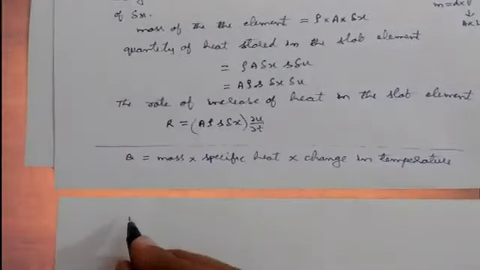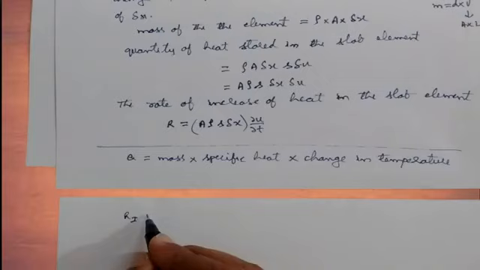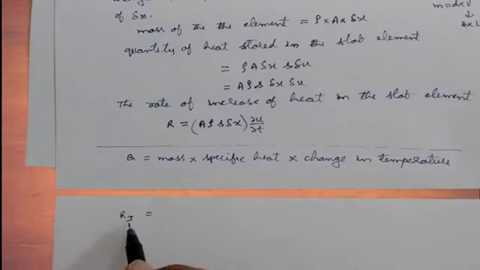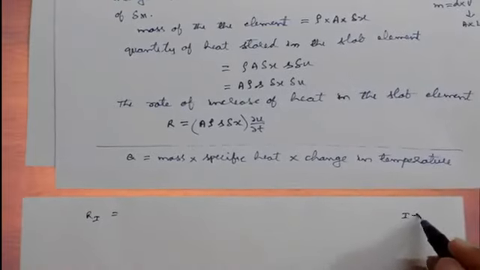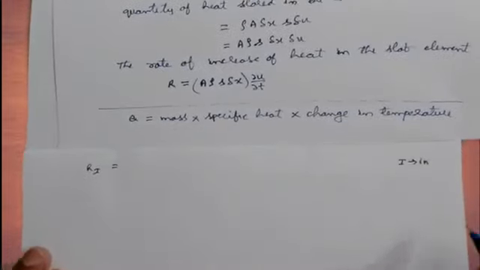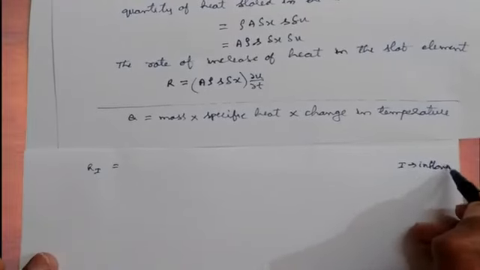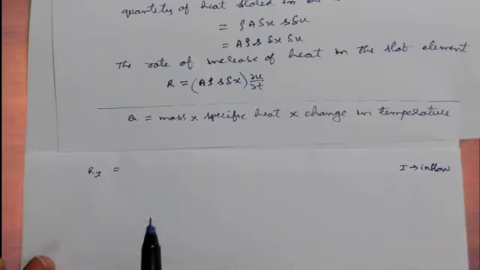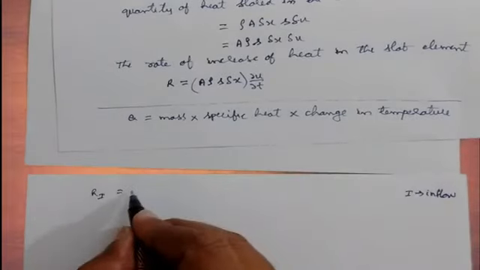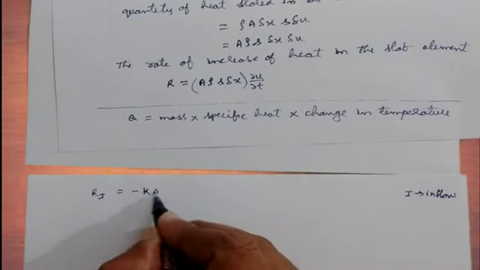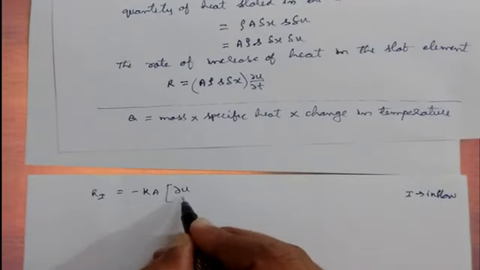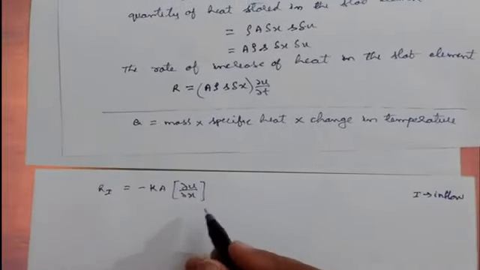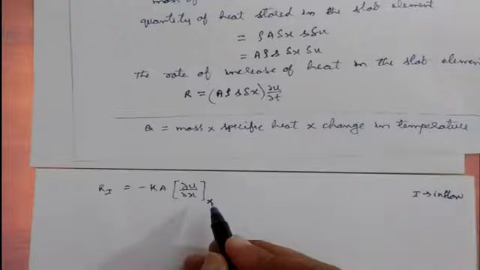If I take that as the rate of inflow, Ri, where I represents the inflow, it is given by Fourier's law of heat conduction, which is minus K into A times dou U by dou X. This rate of inflow is at a distance of x from the origin.